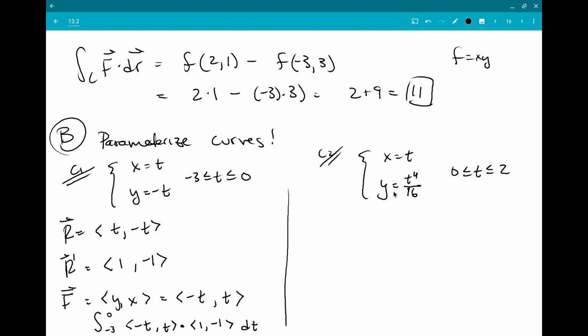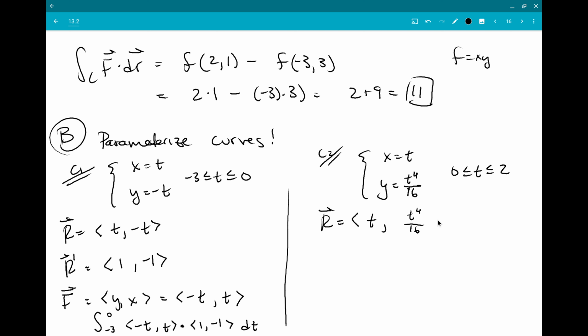But we'll follow the exact same process for C2. Exact same process you'll use to set up any parameterized vector-valued function line integral problem. We're going to say this is our parameterization. We pack it inside a vector r, where our x component goes first and then our y component goes second.